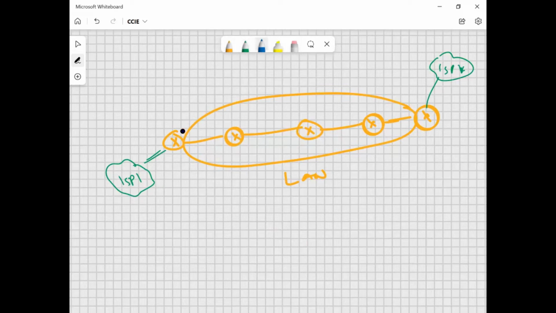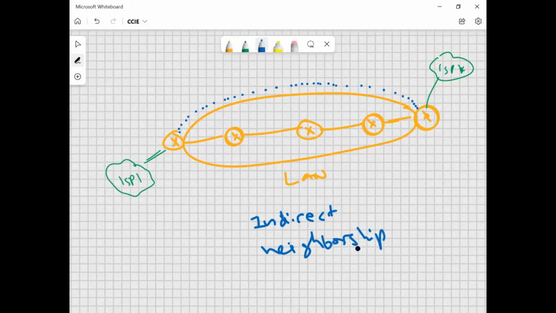One thing that can also be done is that you can run BGP on the edge routers. Such kind of BGP is known as indirect neighborship. So indirect neighborship can also be created when we come to BGP.